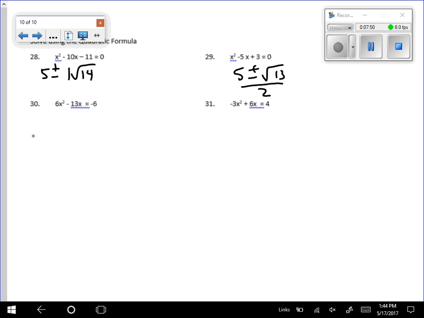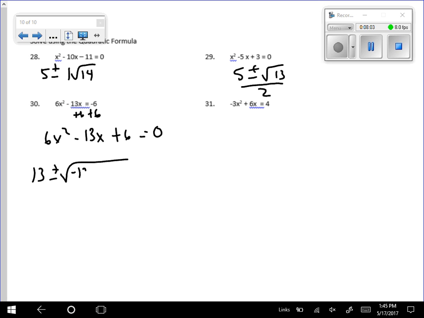Okay, same thing here, but I need to get 6 over. So I have 6x squared minus 13x plus 6 equals 0. So I got 13 plus or minus square root of negative 13 squared minus 4 times 6 times 6, all over 2 times 6.